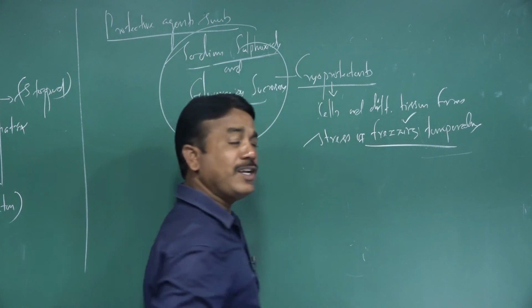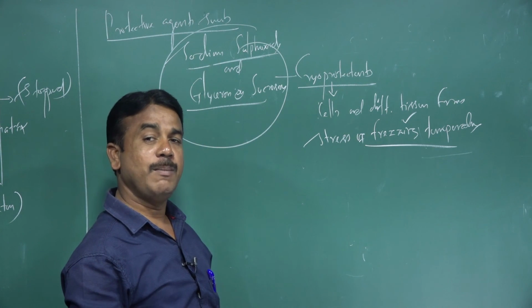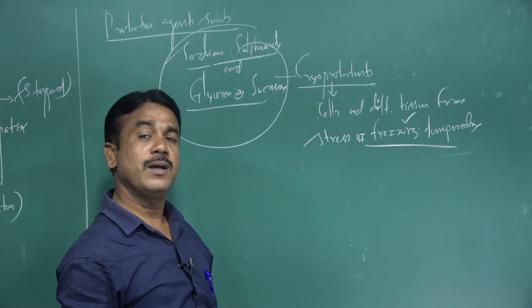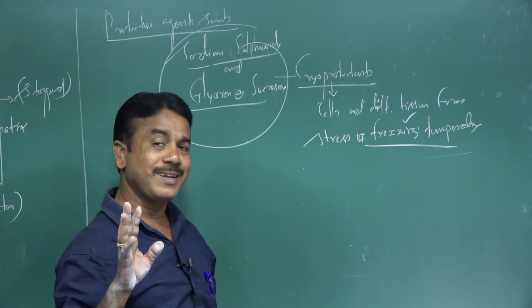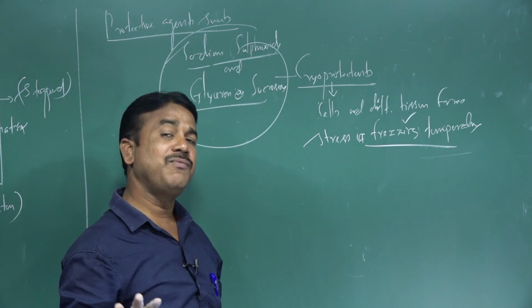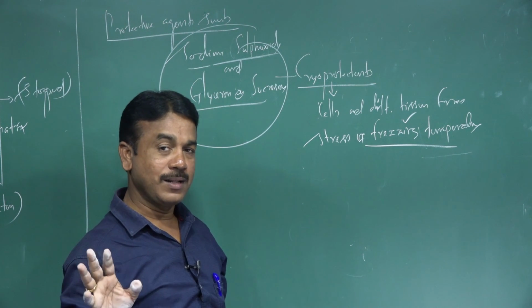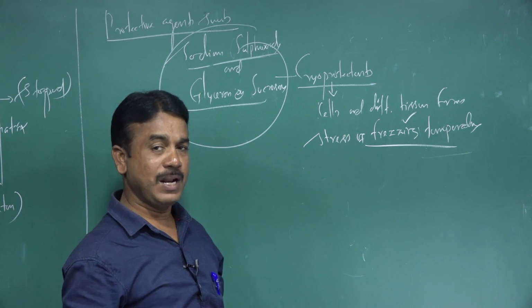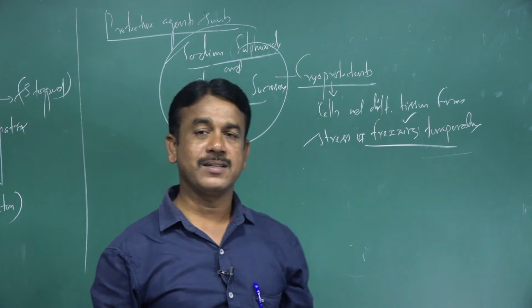If we do not use such substances, all those materials will die. That is why whatever plant material you use for research must be stored under liquid nitrogen, which maintains the temperature at minus 196 degrees Celsius. Thank you.